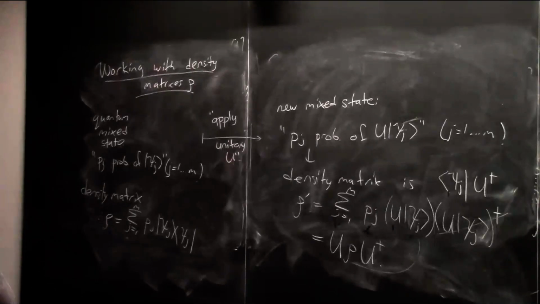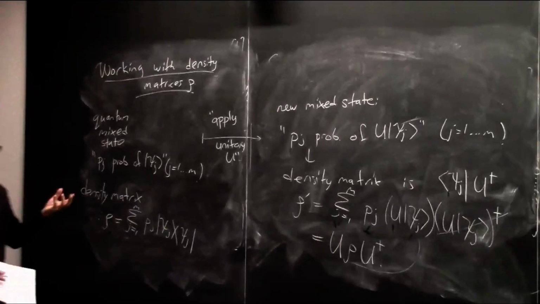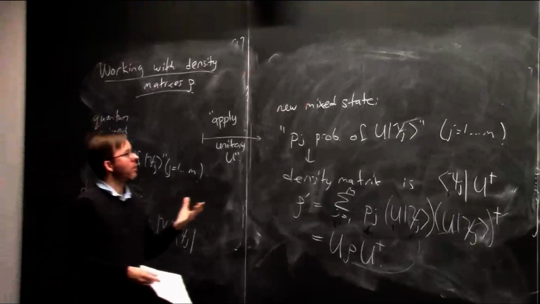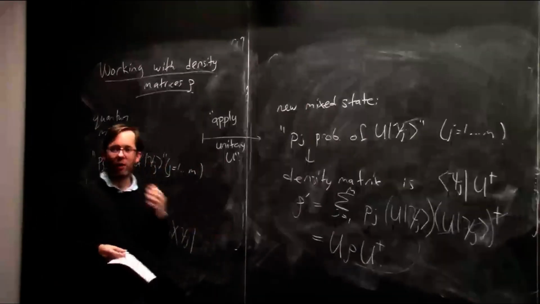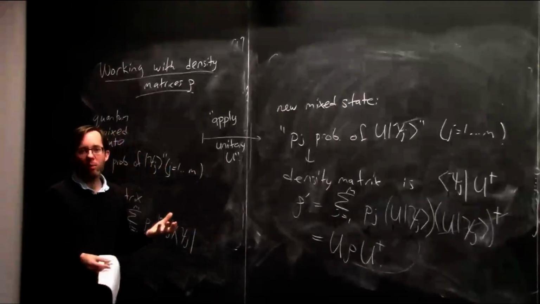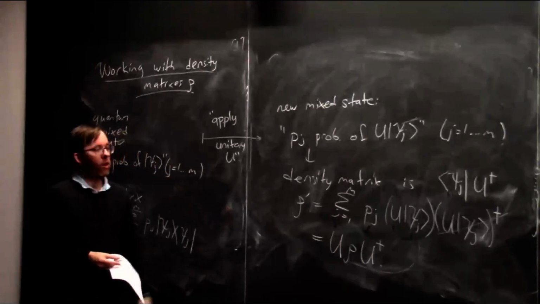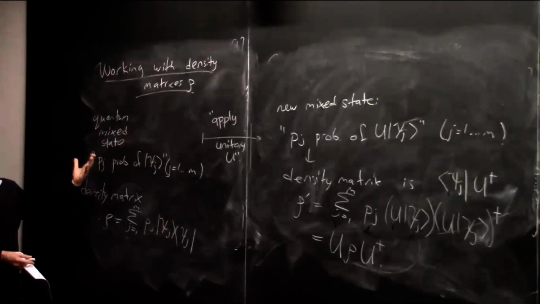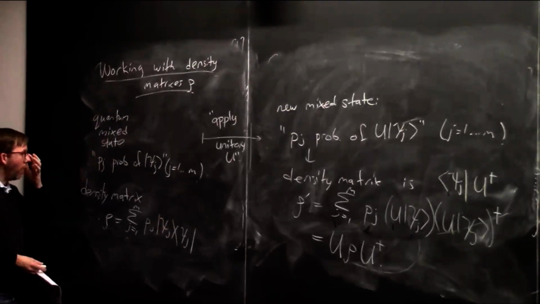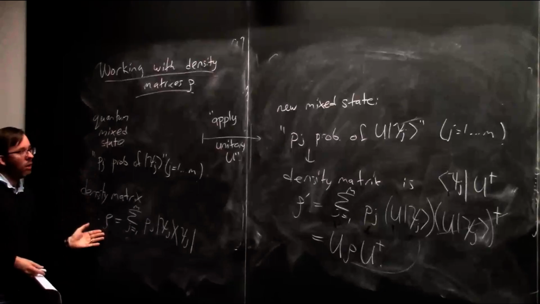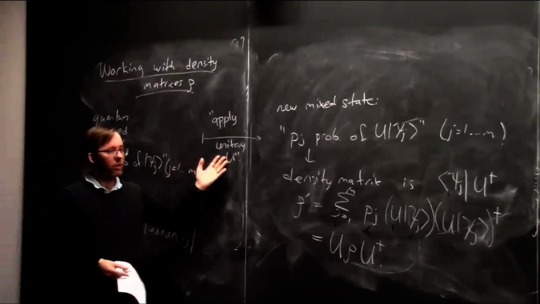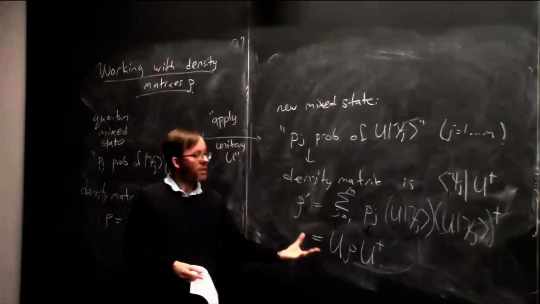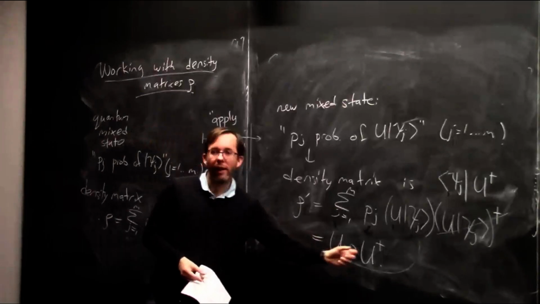And that's it. So it's just a new thing to remember. In the old world, when you only had pure states, if you were in some pure state psi and then did a unitary transformation, that's the main transformation you can do in quantum, the new pure state was U times psi. And now it's just a little bit different. If you have some generic state, a mixed state, with density matrix rho, and you apply a unitary transformation U to it, the density matrix of what results is U rho U dagger.